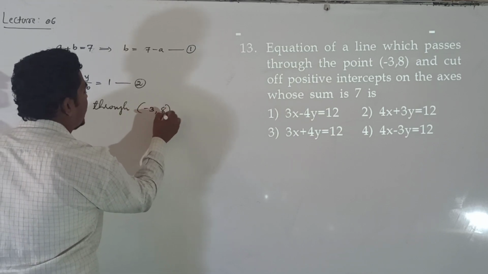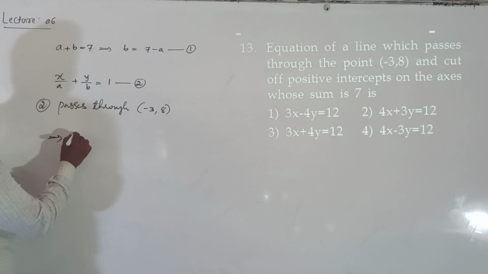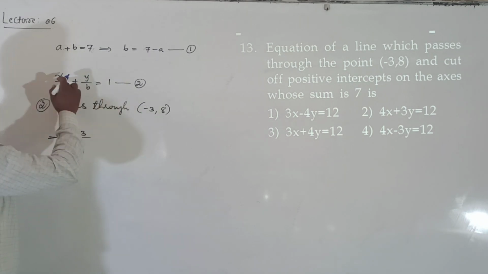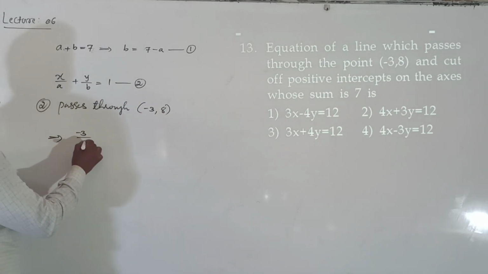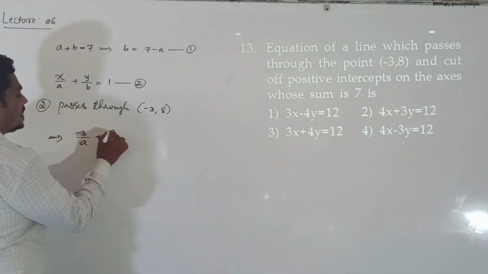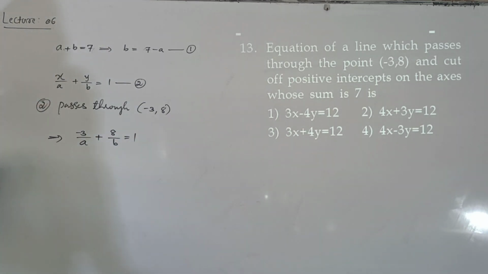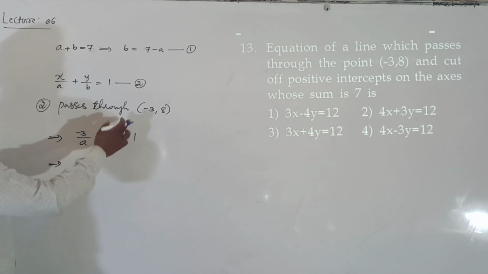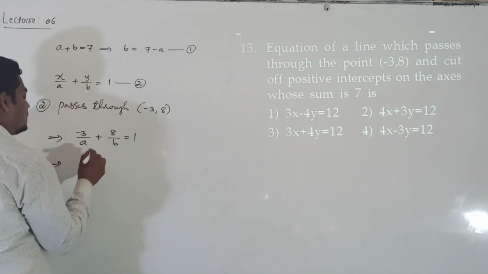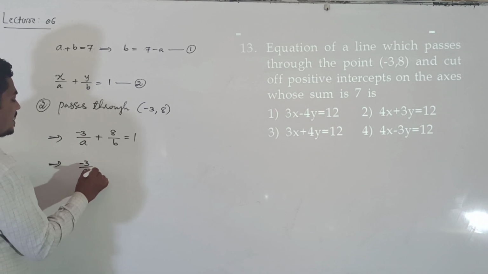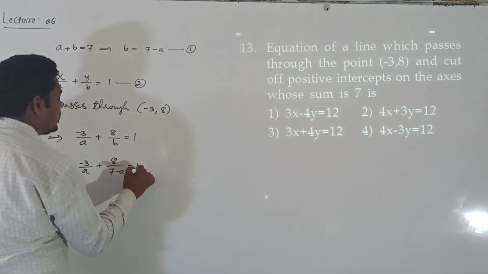Then equation number 2 becomes, replace x value as minus 3 and y as 8, then minus 3 by a plus 8 divided by b is equal to 1. From equation number 1 what is b value? 7 minus a. So minus 3 divided by a plus 8 divided by 7 minus a, that's equal to 1.